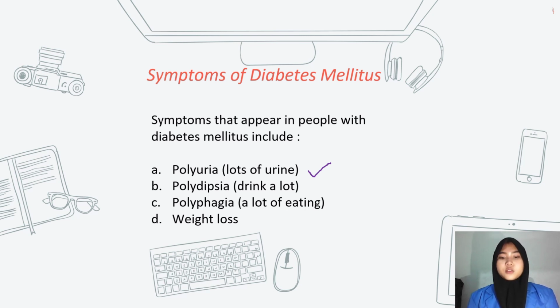High blood glucose level will be excreted through urine. If the blood glucose level is higher, the kidneys produce large amounts of urine.